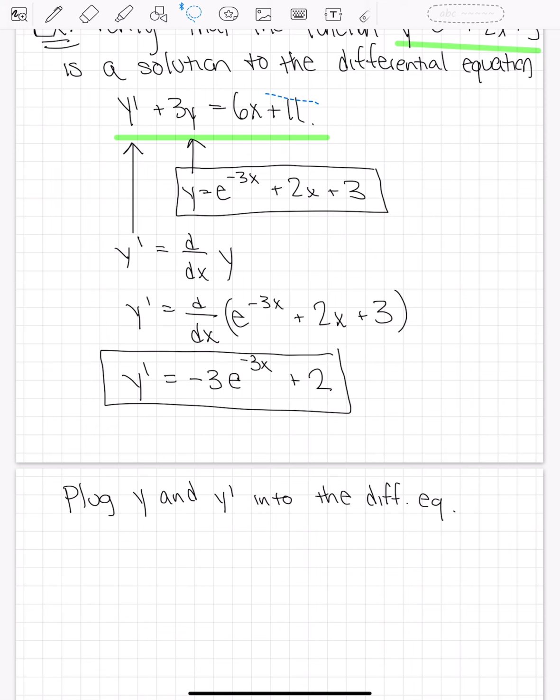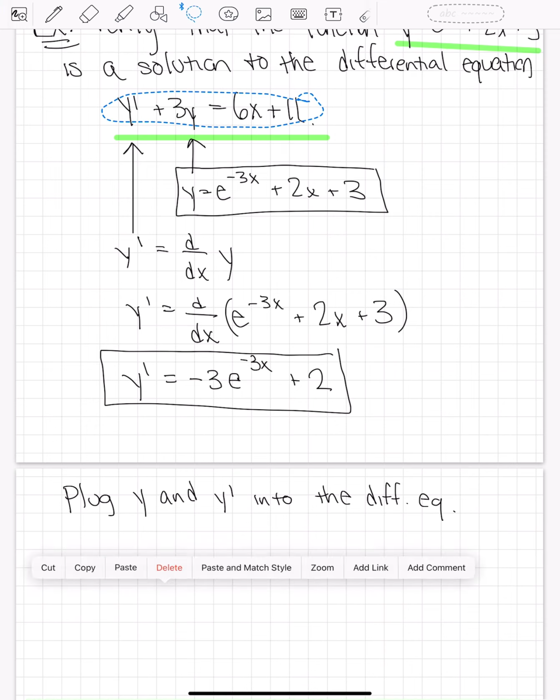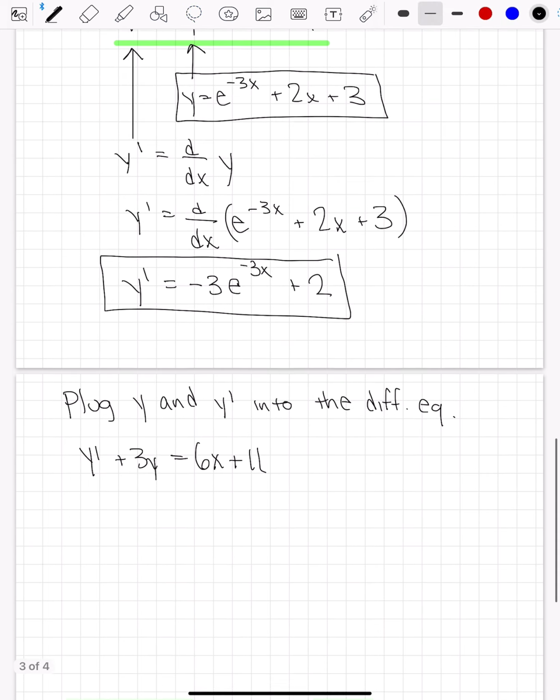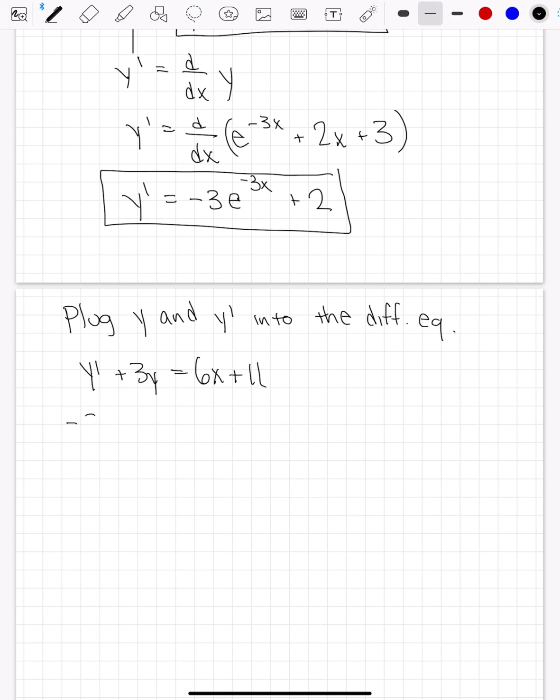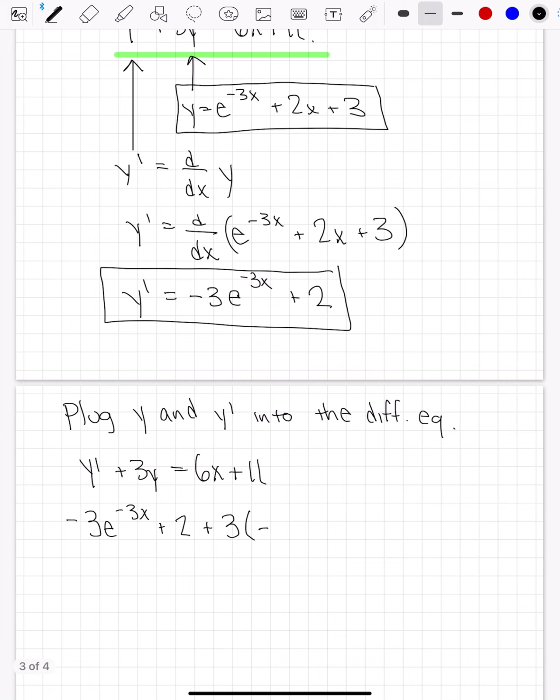Right, so this is our differential equation that they gave us. y prime is negative 3e to the negative 3x plus 2, and then we have 3 times y, which was e to the negative 3x plus 2x plus 3, and all of that equals 6x plus 11.